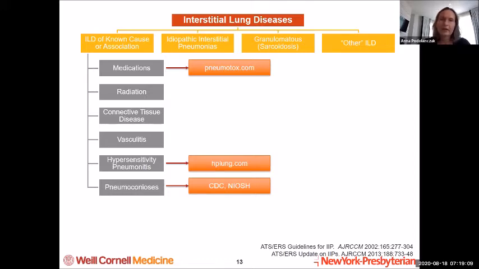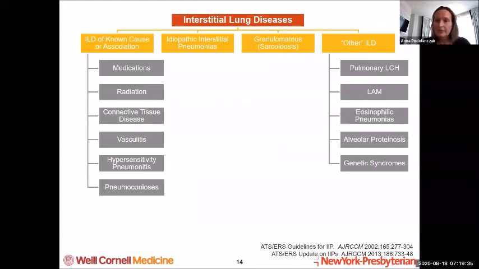Again, they're not very commonly seen in the world of interstitial lung disease, but they're very important to recognize. So again, remember these six boxes because these are very treatable diseases if they're properly recognized, and it's very important to recognize them by taking a very thorough clinical history.